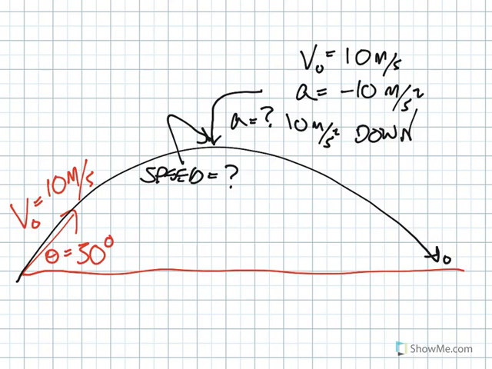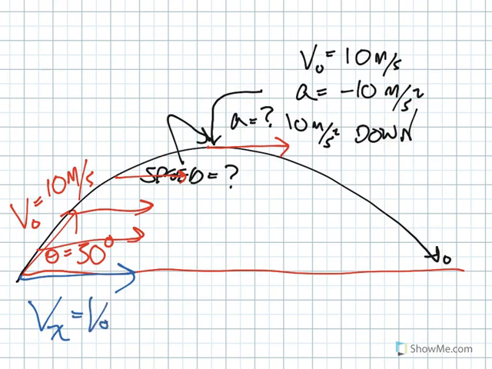Well, at the highest position, it's just moving sideways. And that sideways speed is constant. That's the same as the sideways speed it had when you threw it initially. And that speed, that v x, is just v naught cosine theta. So that is 10 meters per second times cosine 30.